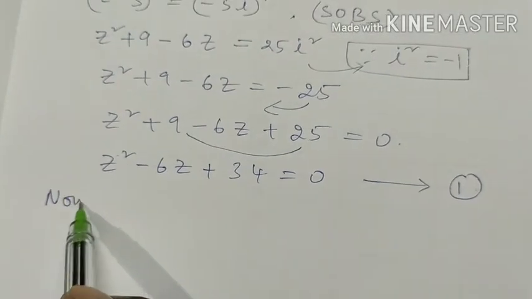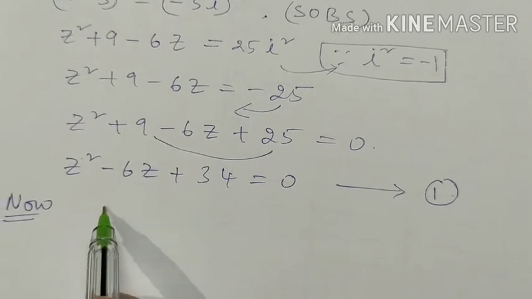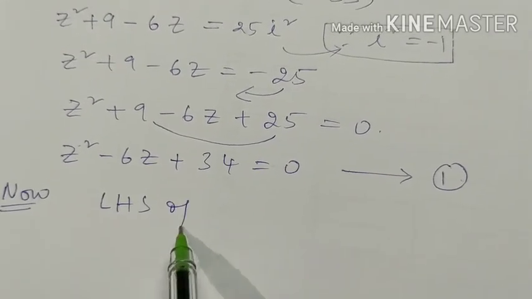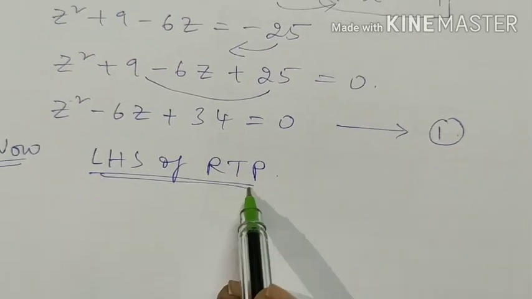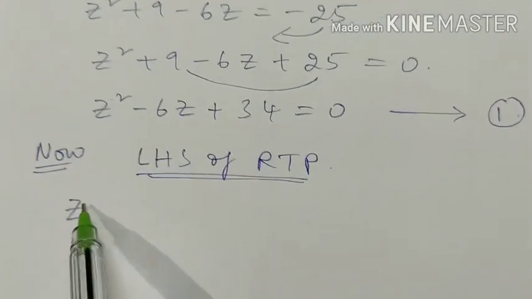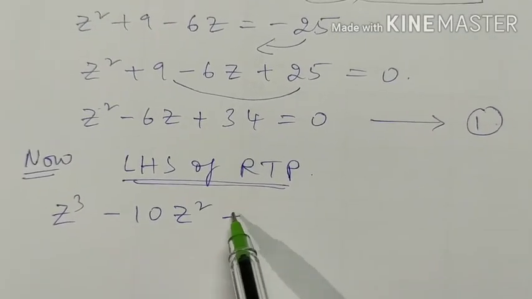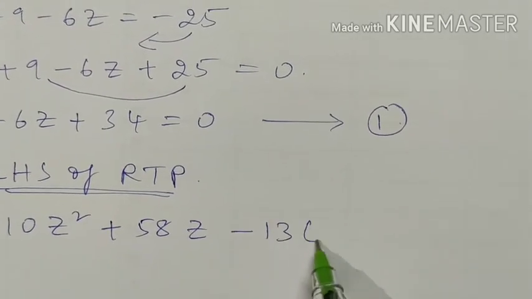Now let us take the left side of the required to prove, LHS of required to prove. So z cube minus 10 z square plus 58z minus 136.